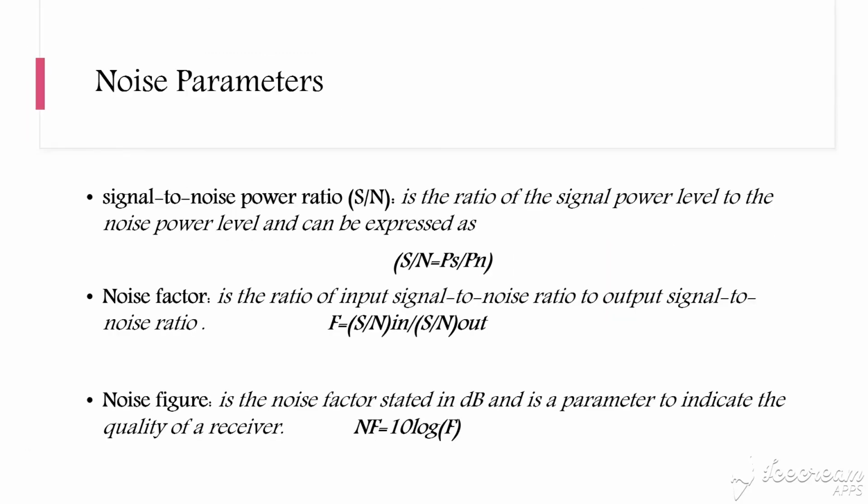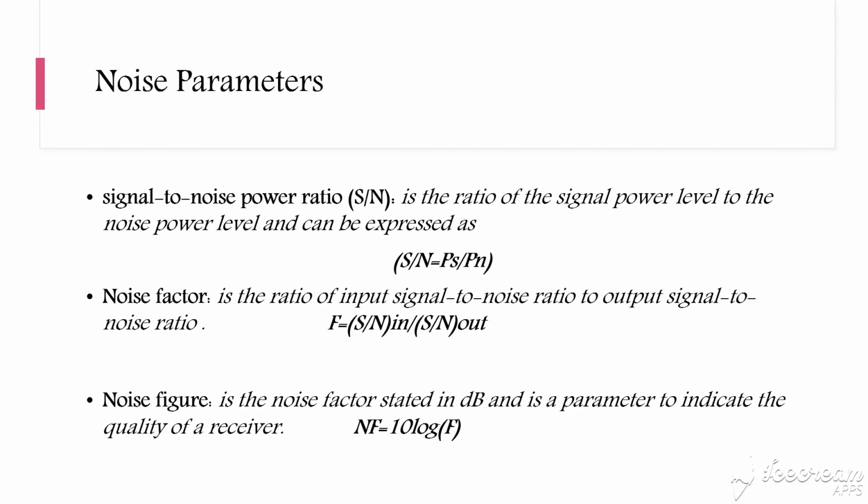The other part is noise parameters. We have 3 noise parameters in this chapter. The first one is signal to noise power ratio, which is the ratio of the signal power level to the noise power level, and can be expressed as S over N, which is equal to Ps over Pn. Actually, the greater the signal to noise power ratio, the better.